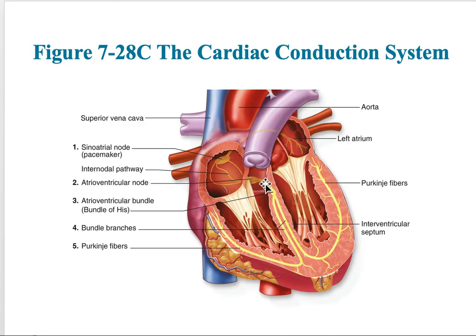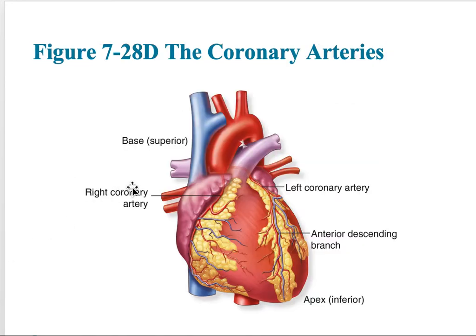Once they do that, the impulse, held for a slight millisecond at the AV node, continues down through the bundle of His, where the ventricular fibers, these bundle branches, then bundle together. Impulses continue down the right and left bundle branches and out through the Purkinje fibers, causing the heart to contract.